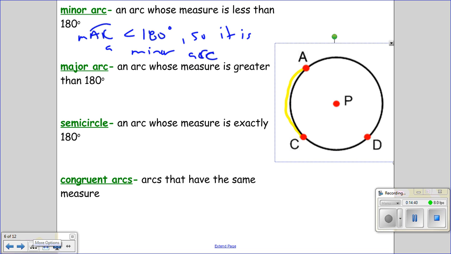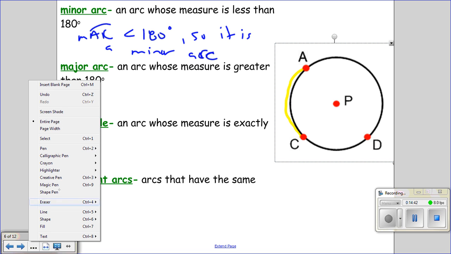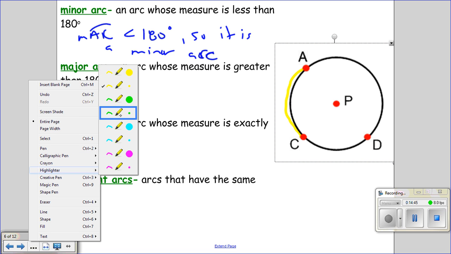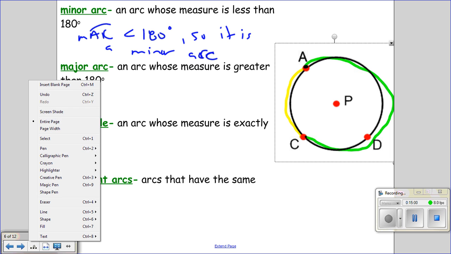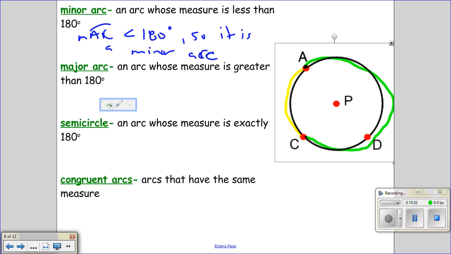So for this picture, a major arc could be arc CDA. The measure of arc CDA is greater than 180 degrees, so it's a major arc.